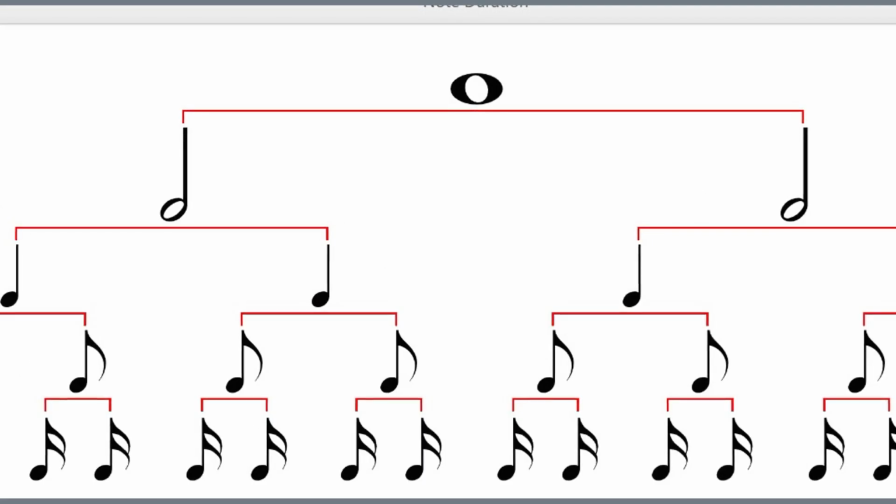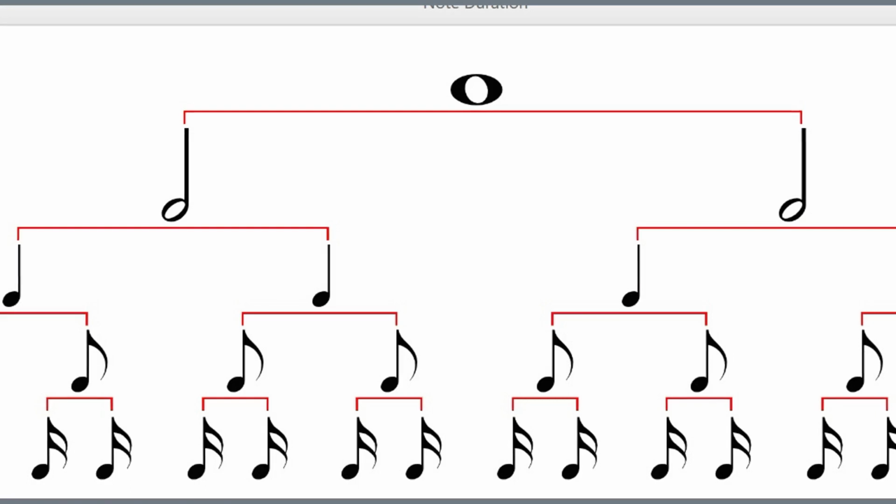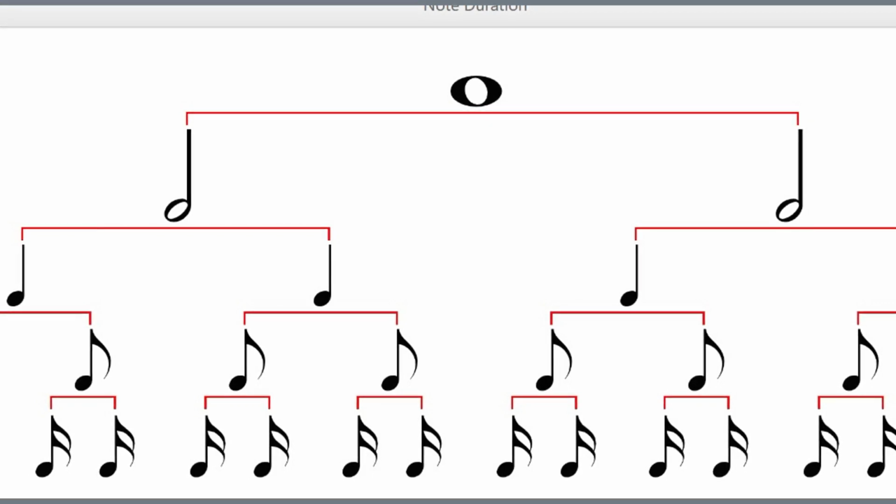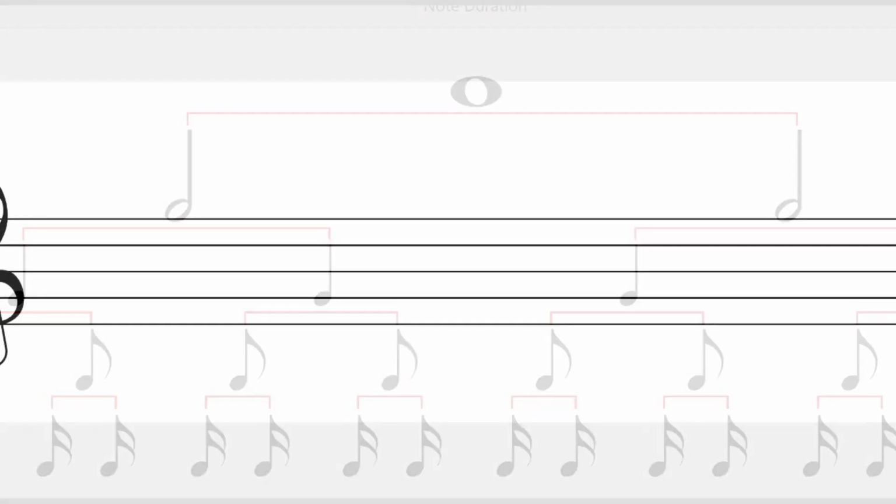Although it's possible to have notes with more flags, they're very seldom used because the duration is so minute. So this chart should give you a really good, strong idea of how it's all broken down. As you see, 16th notes halve into the eighths, into the quarters, into the half notes, and the half notes into the whole note.